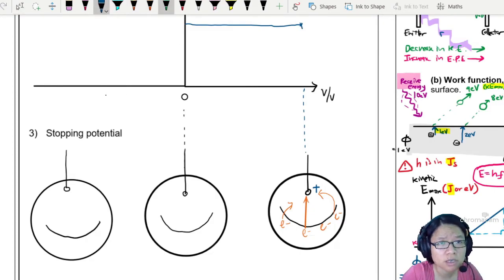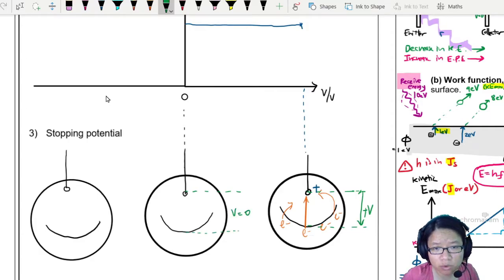Anyway, just to label the voltmeter reading, the voltmeter was connected across here. So here to here is your V, and V is positive. Okay, so now here there is no potential. V is 0.